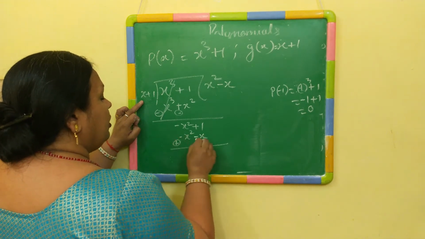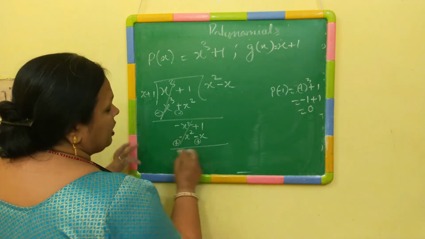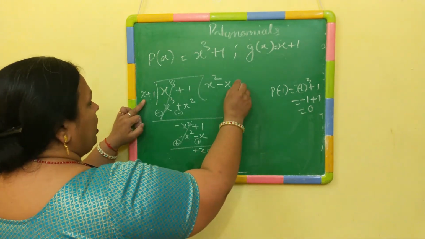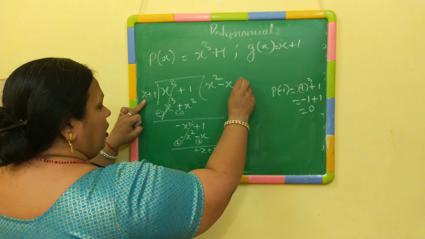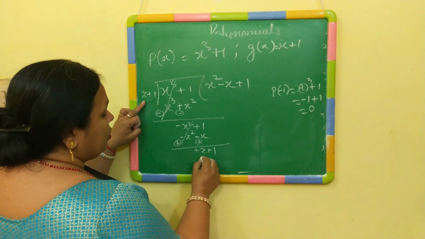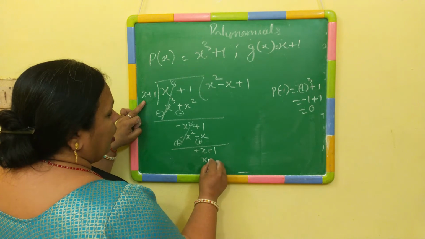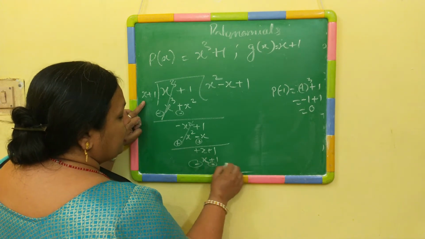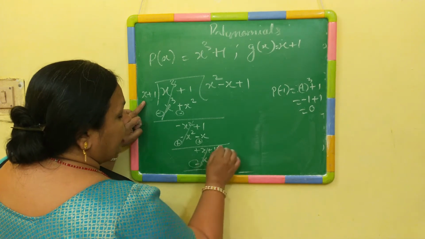Change the sign here also. This gets cancelled. Plus x plus 1. You will be multiplying this by plus 1. So this is x plus 1, minus and minus. Changing the signs and cancelling, you will be getting 0.